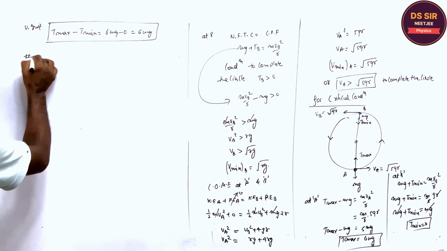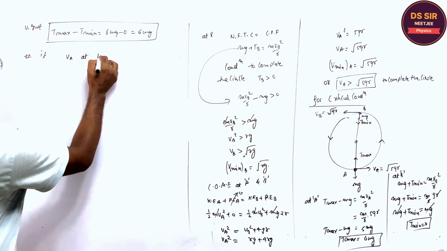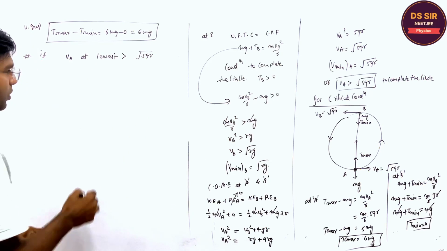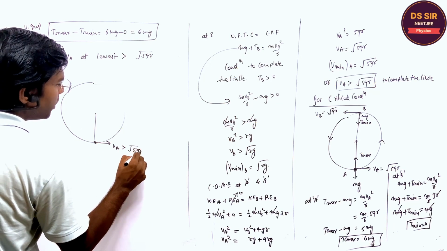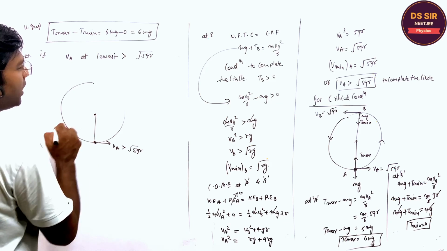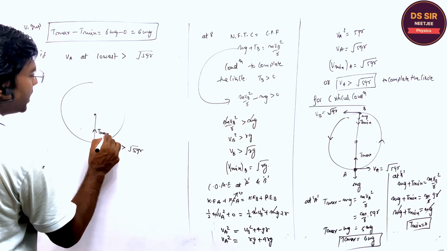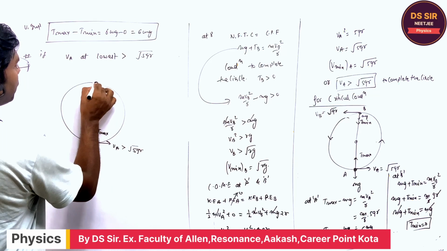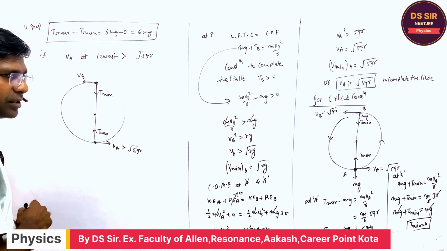Even if the speed Va at the lowest point is greater than root 5gr, what does it mean? The speed is more than the critical speed required to complete the circle, so what will happen? If this speed increases, the maximum tension will also change according to the speed, and when it moves up it will have some velocity, so the minimum tension will also change.